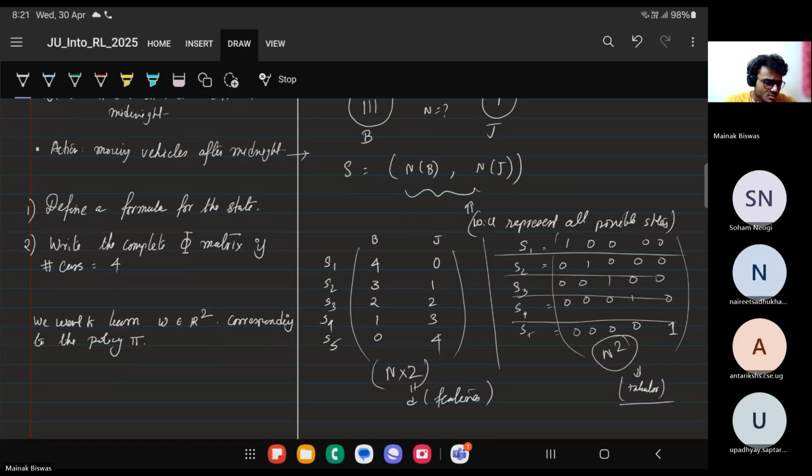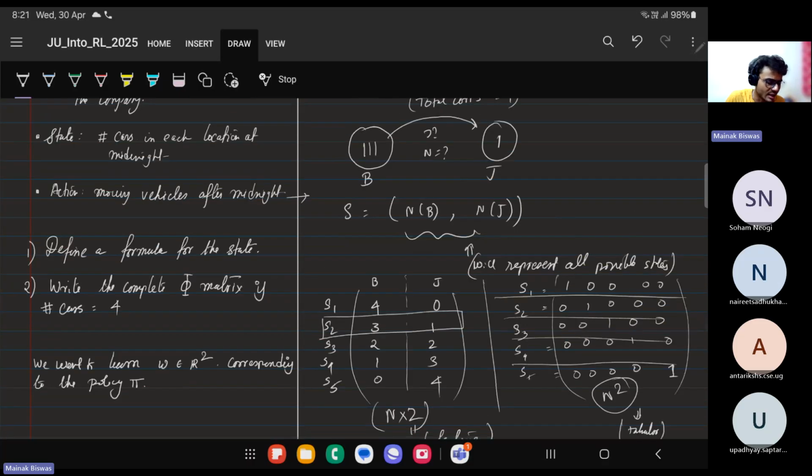Similarly, in this representation, you just have two numbers, 4, 0, or 3, 1. They represent the number of cars in each of these two locations, and each of them totally represents one state. Do you agree? At a particular time, when there are 3 cars in B, there can only be 1 car in G. There are no other cases.